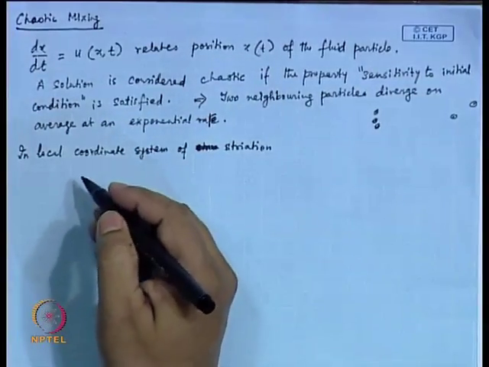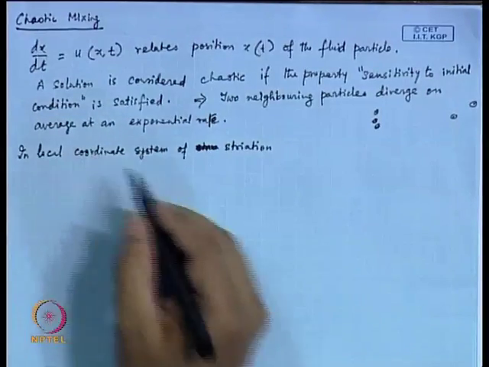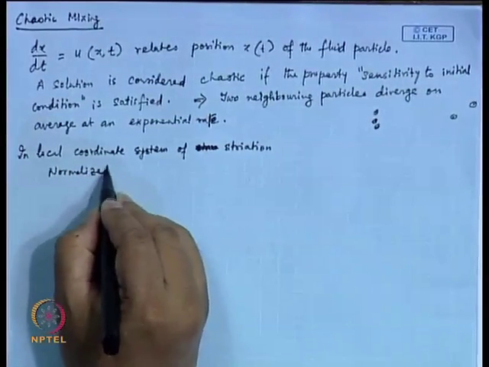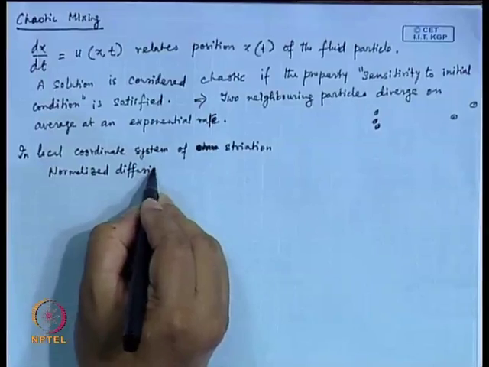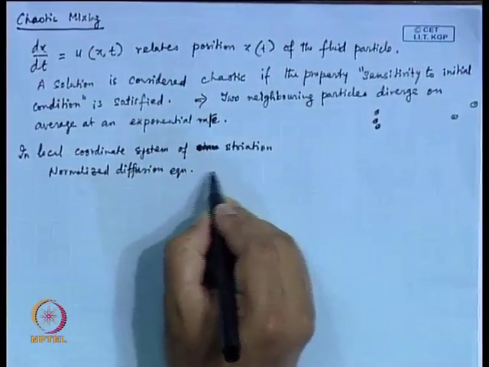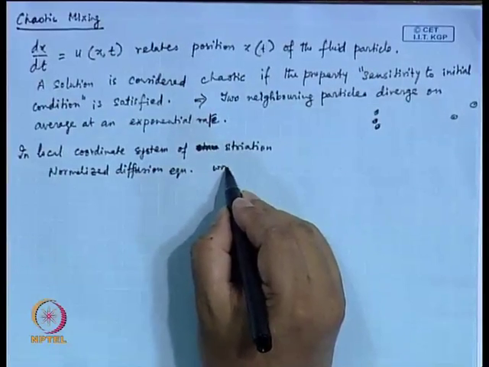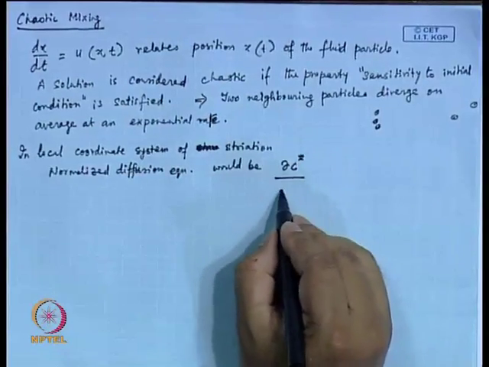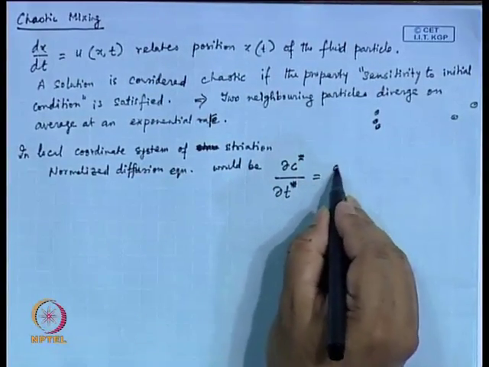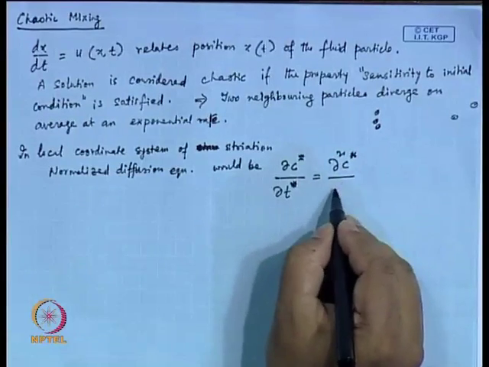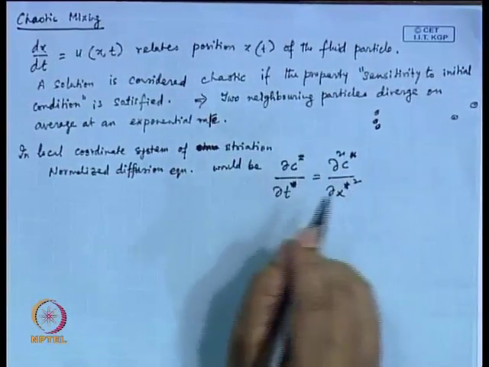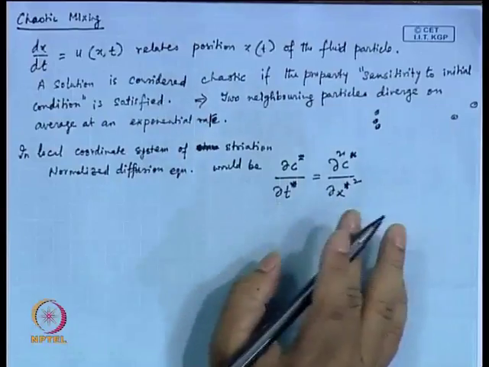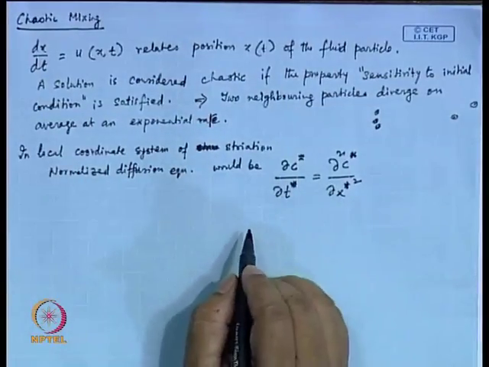Then in the local coordinate system of striation, the normalized diffusion equation would be del C star del T star is equal to del square C star del x star square, okay, where C star is understandable, you can always make it from C by C 0, that is not a problem.